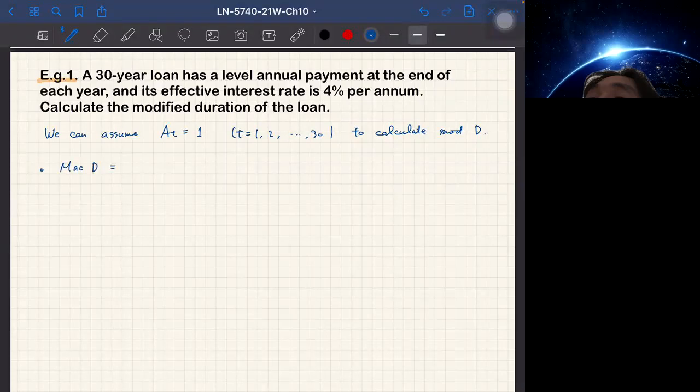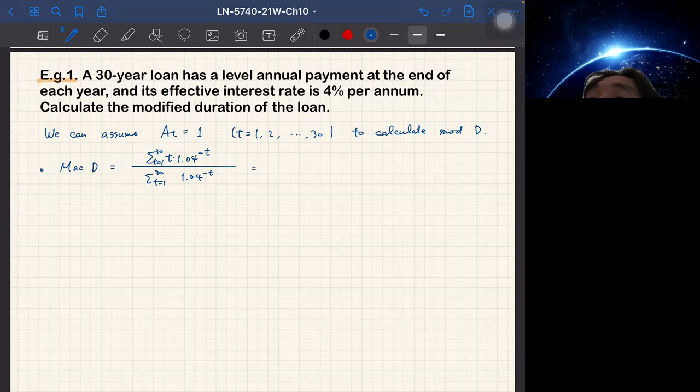So MacD is equal to the summation of 1 times v to the power t, and this is 4% per annum, so 1.04 to the power negative t, with t from 1 to 30, and the summation with t from 1 to 30, sorry, this times t, and this is 1.04 to the power negative t.